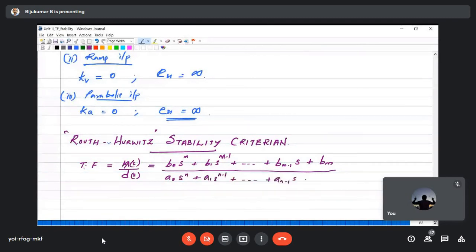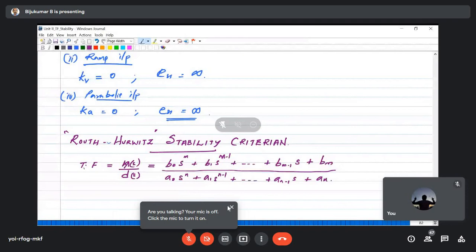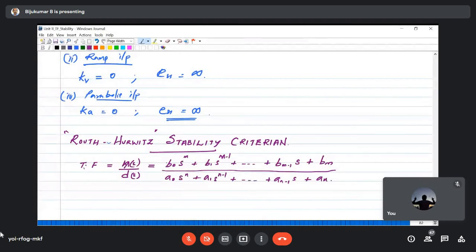And we have seen that the roots of the numerator polynomial are the zeros of the transfer function, and the roots of the denominator polynomial are the poles of the transfer function, right? And one more thing, we have seen that the characteristics of the system are decided by the location of these poles.